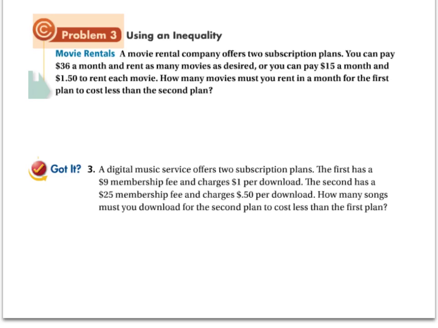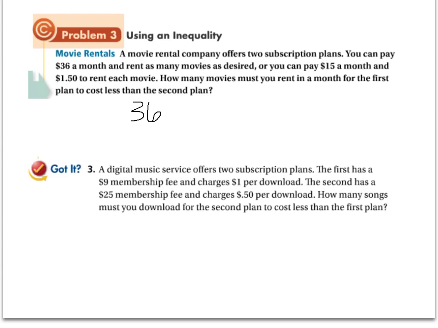We're comparing two different offers that a movie rental place is doing. You can do one subscription where you pay $36 a month and you rent as many movies as you want. Or you can pay $15 a month and then pay $1.50 for each movie. So our one option is $36 a month. Our other option is you start by paying $15 and then you pay $1.50 for every movie.